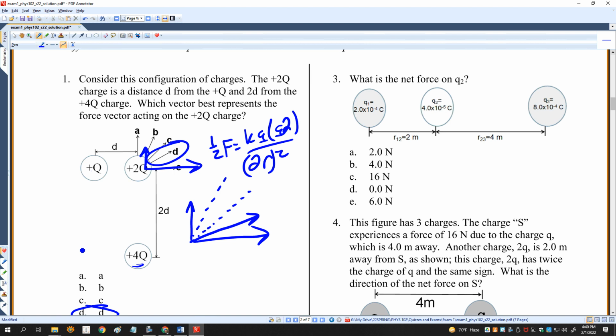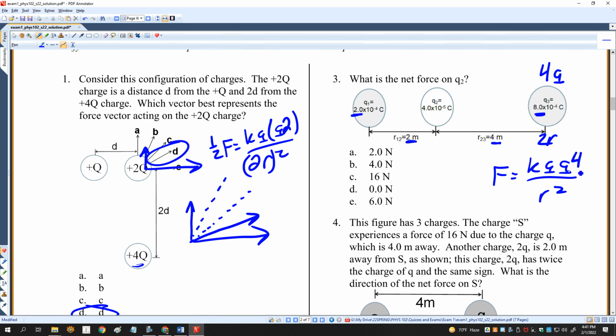What is the net force on Q2? All right, let's just think about this for a minute. Notice that this charge is 4 times as big, and the distance is twice that distance. So this charge is 8, which is 4 times 2. This distance is 4, which is 2 times 2. So back to my Coulomb's law, kQQ over r squared.